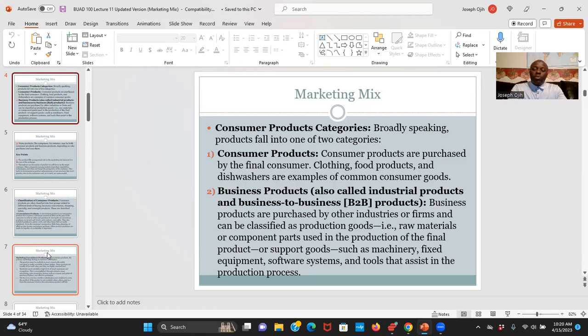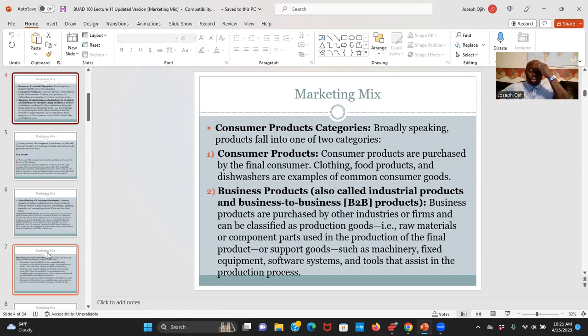So, for example, when you go to Walmart, most of the things you buy there, of course, I would say all the things you buy there are good examples of consumer product or business to consumer products. Things like clothing, food products, dishwashers are very good example of consumer products.